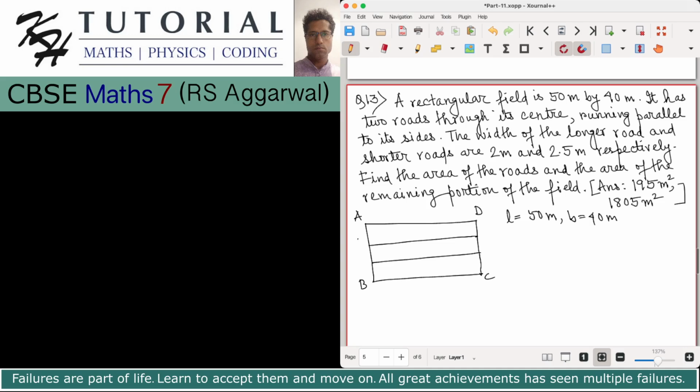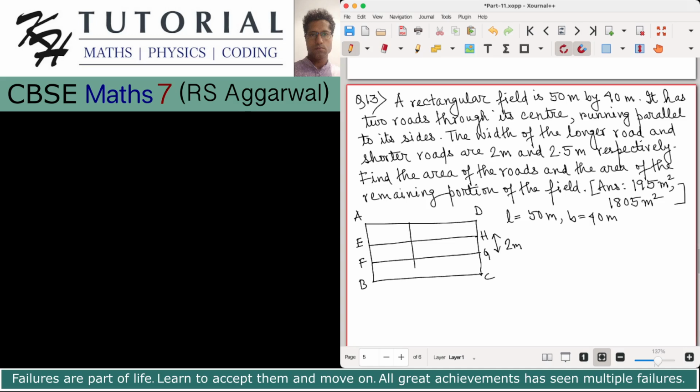Let EFGH be this road, and the width of this road is given to be 2 meter. The width of the shorter road, which is running parallel to the breadth, is 2.5.